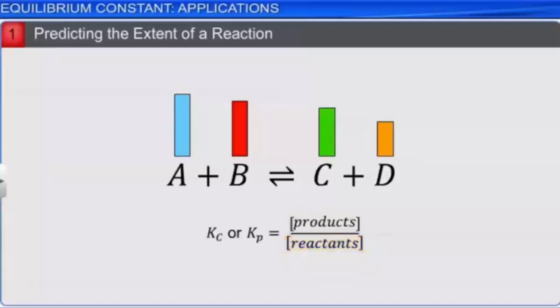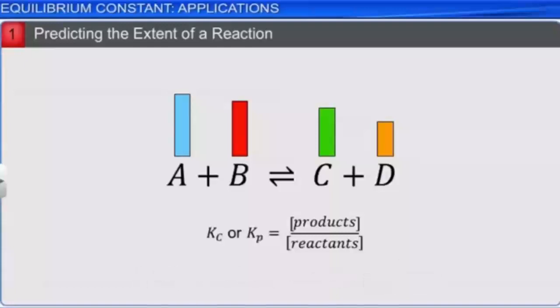As the products appear in the numerator and the reactants in the denominator of the expression, you can see that the magnitude of equilibrium constant is directly proportional to the concentrations of the products and inversely proportional to the concentrations of the reactants.